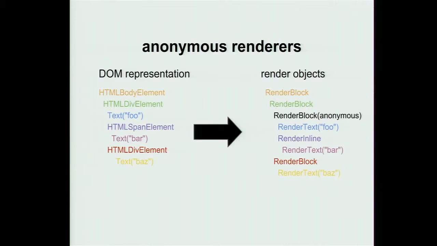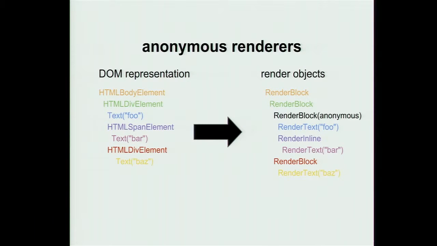There's also a concept of anonymous renderers. You'll see this a lot in tables, but also just as something as simple as having a div or a block flow element with some text and a div in it, another block flow element, to make layout substantially easier.